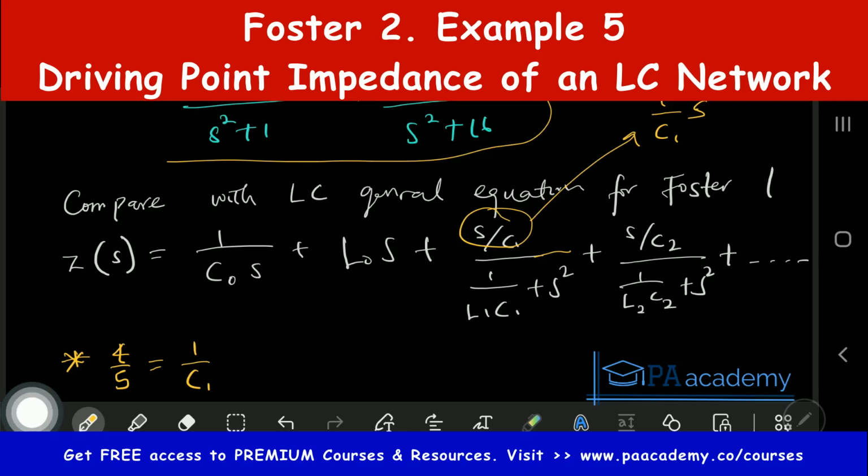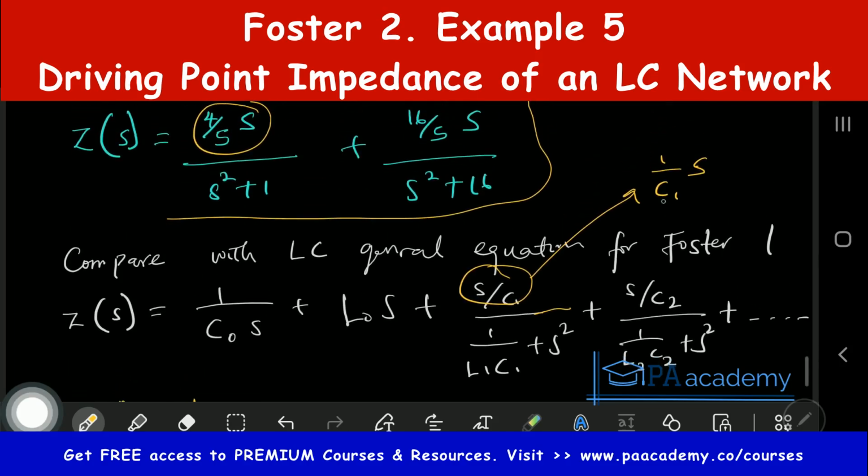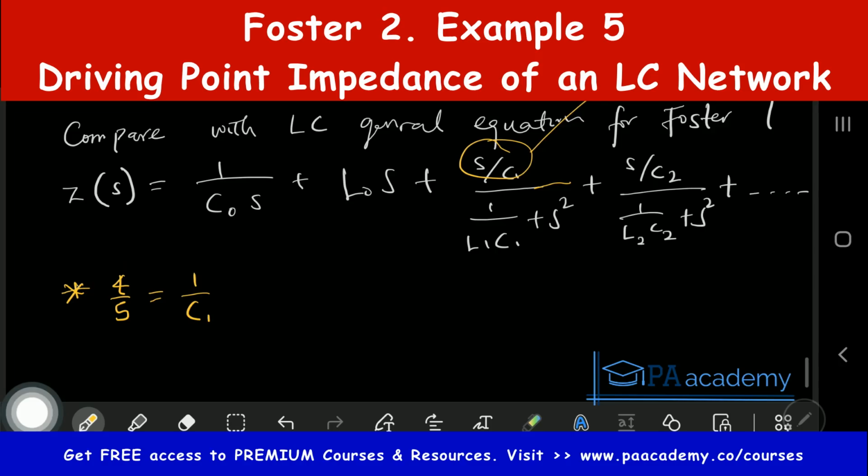The reason why I didn't add the s is that, for example, from here, 1 over C1s is equals to 4 over 5s. You can see the s will cancel out. So that's why I won't be adding it here. In doing this, you can say that our C1 is equals to 5 over 4.